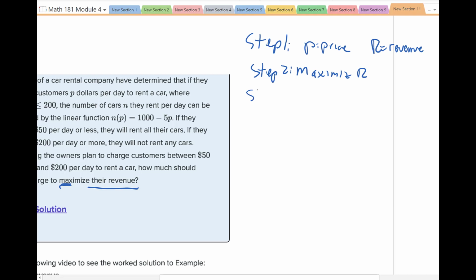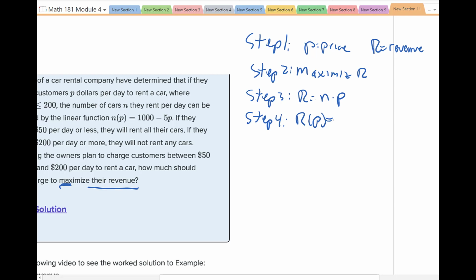Step 3, to find R, it's going to be the number of cars rented times the price per car rented. Step 4, to make R a function of P, we're going to multiply what N was.